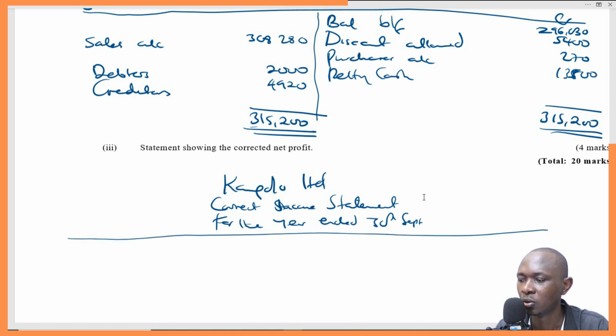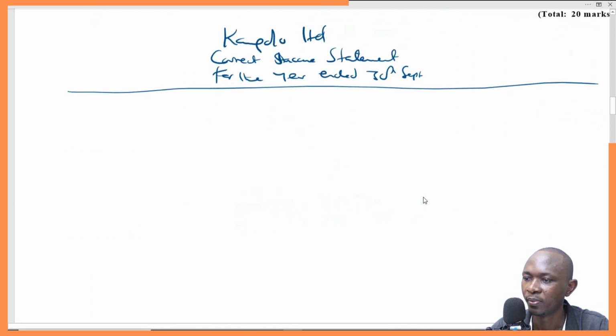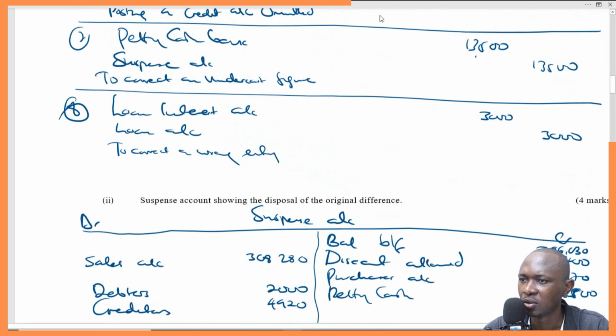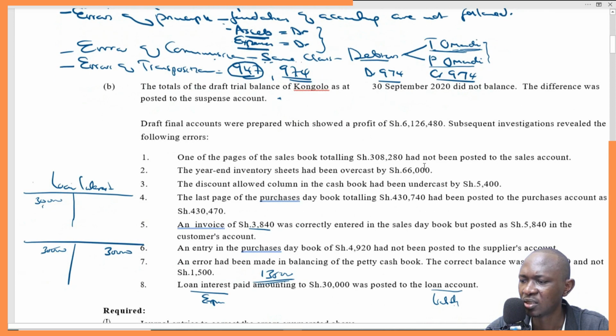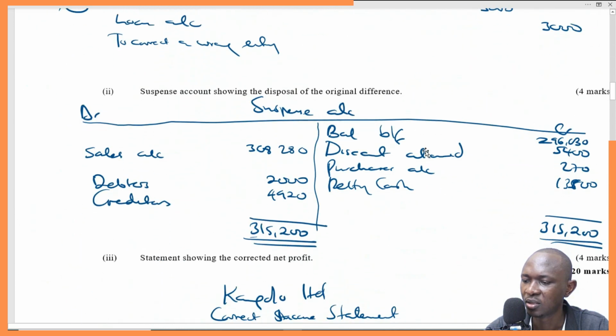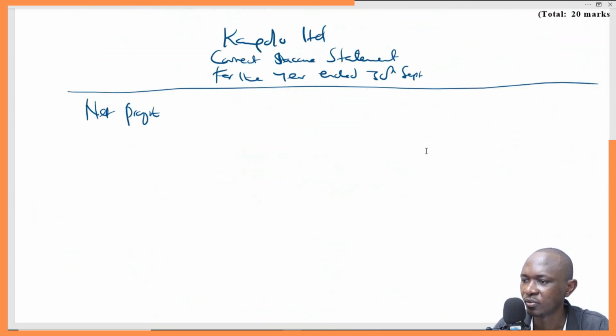So, what do we have? Now we'll have net profit. Net profit was 6,126,480. So you can choose to have shillings and shillings, it's good to have two columns here.